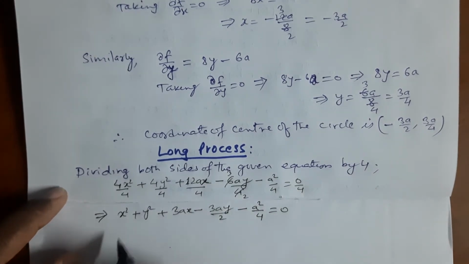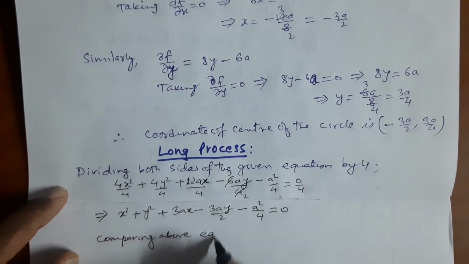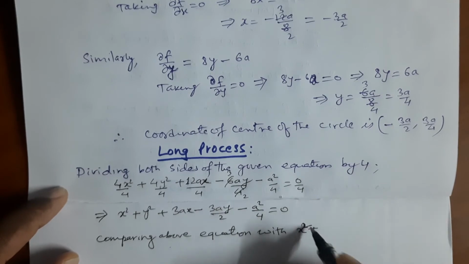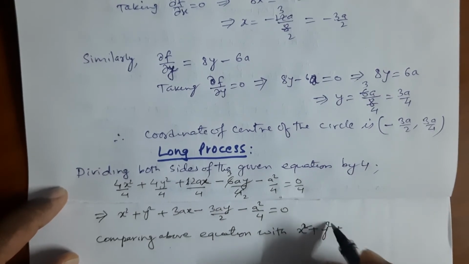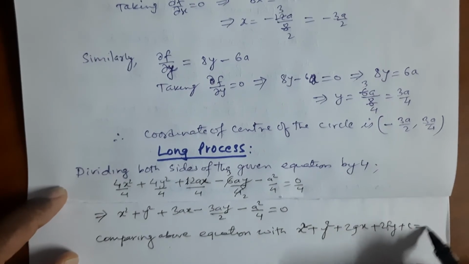And the next process is comparing the above equation with x square plus y square plus 2gx plus 2fy plus c equals to 0.